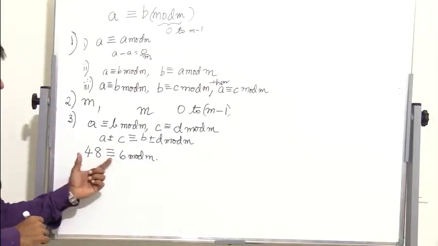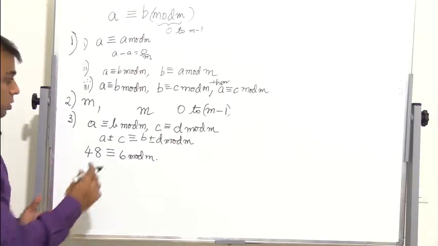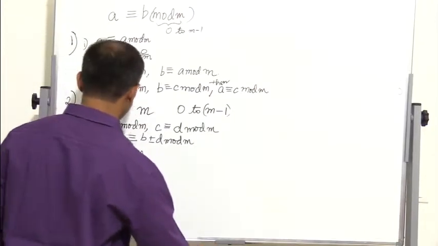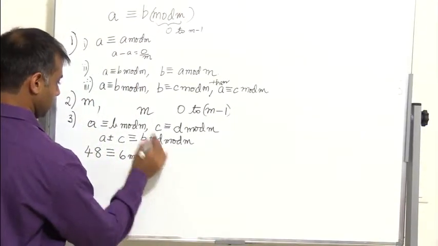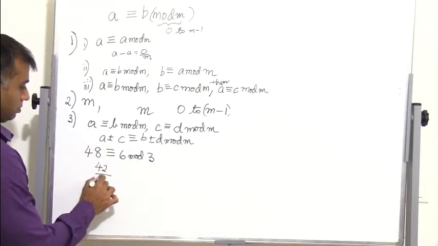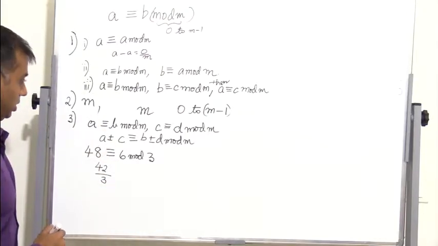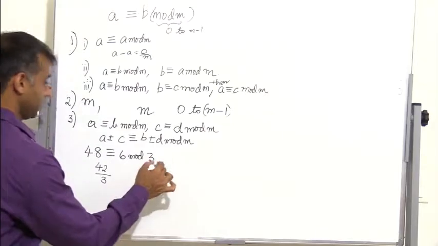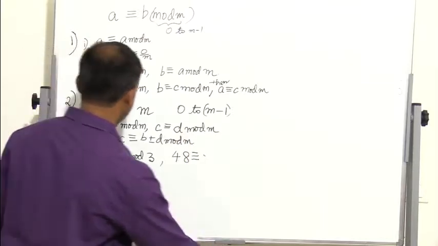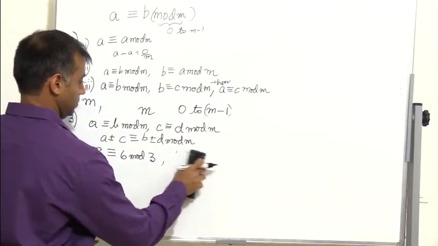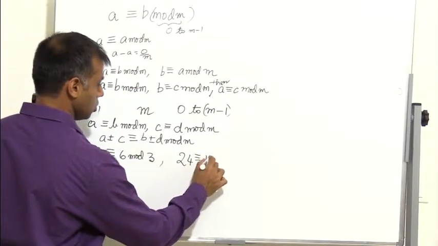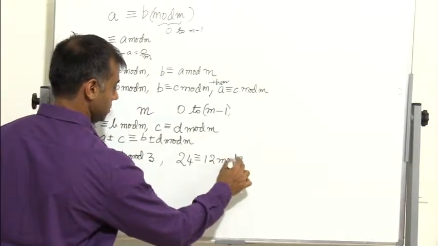Right? So 48 minus 6 is 42, which is definitely congruent to, well, the M value is not given here. So let's take the example of 3. So 48 is congruent to 6 mod 3. So 42 is divisible by 3. So let's take another example. 24 is also congruent to 12 mod 3.